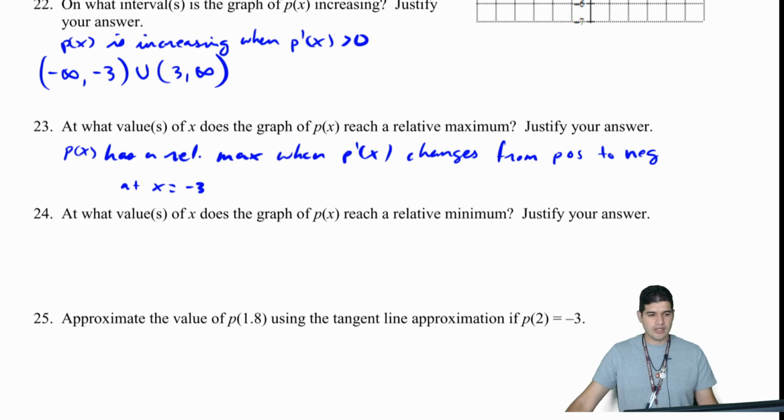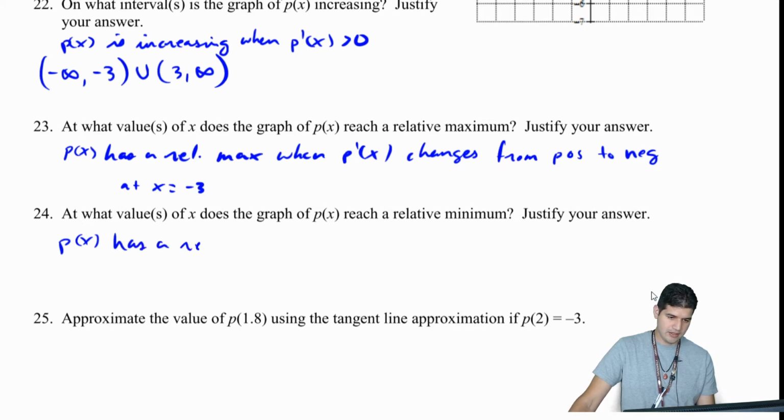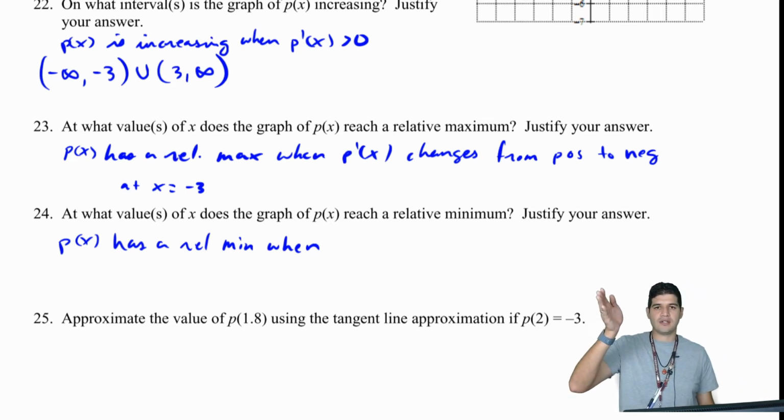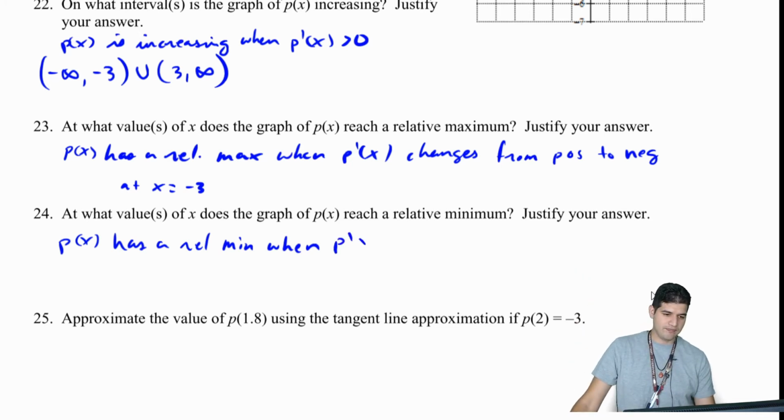Now we want to take a look at the relative minimum. p of x has a relative min when you think about what creates a relative minimum: the graph is going from decreasing to increasing, because now you have a bottom point there. So when p prime of x changes from negative to positive.